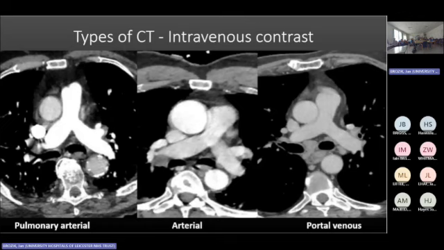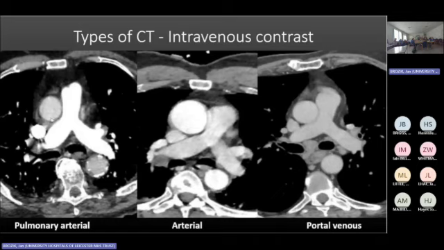When we give contrast injection, we actually can scan the patient in different phases of contrast enhancement. And in the chest, we have basically 3 phases. First is pulmonary arterial, which will be used for CTPA.